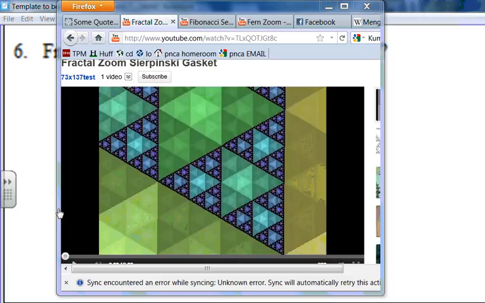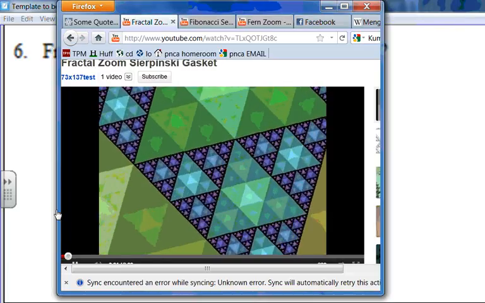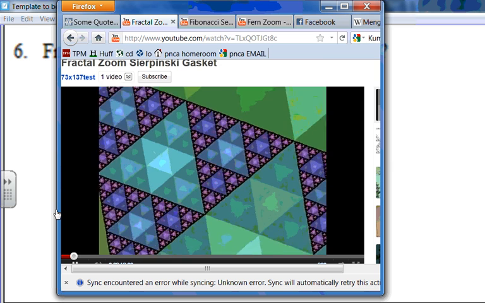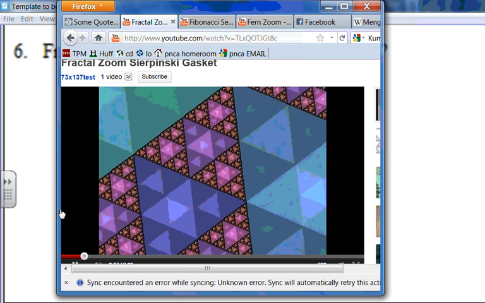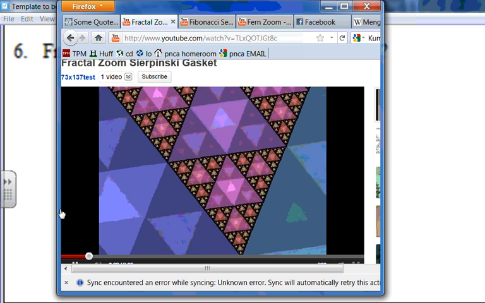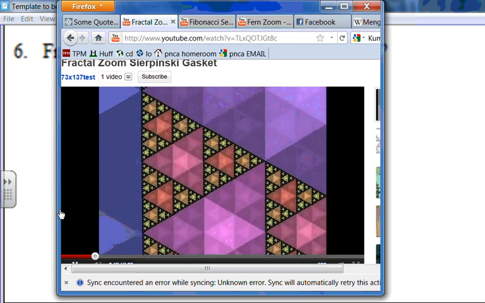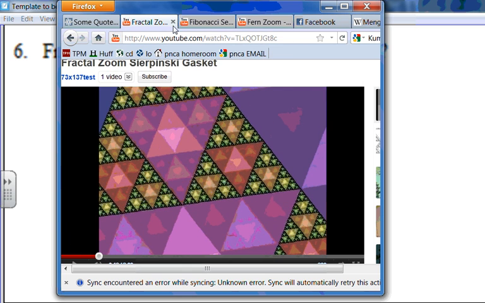You can see the general shape, and as you zoom in, you will continue seeing the same shape, but on smaller scales. And there's no limit to how far you can zoom in.